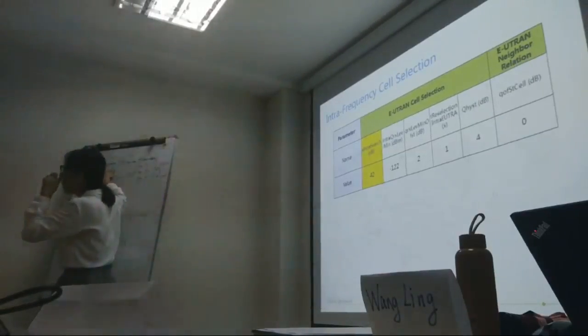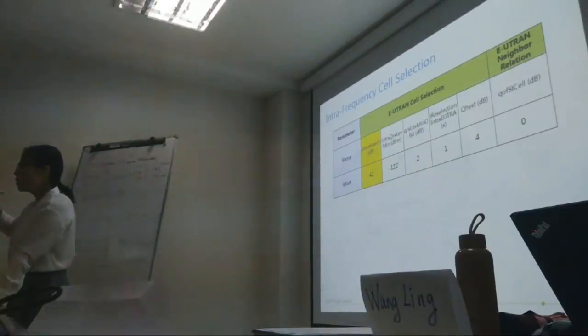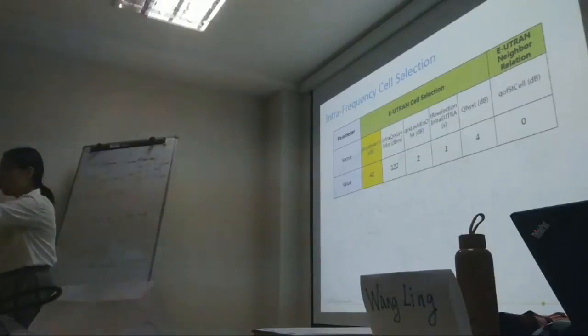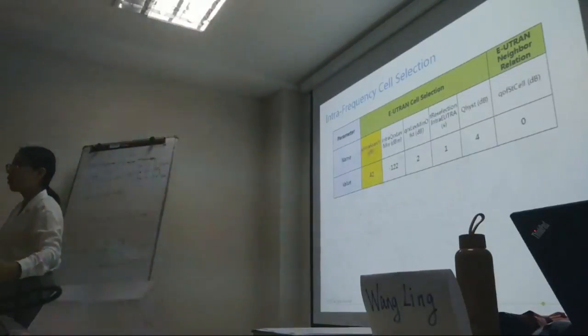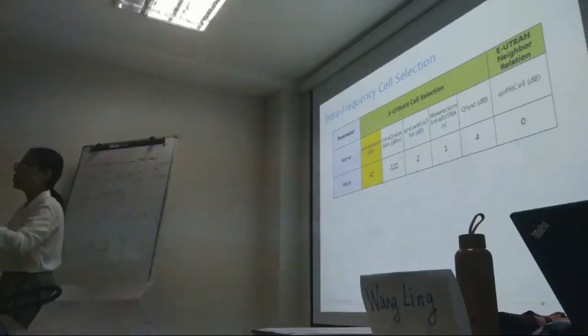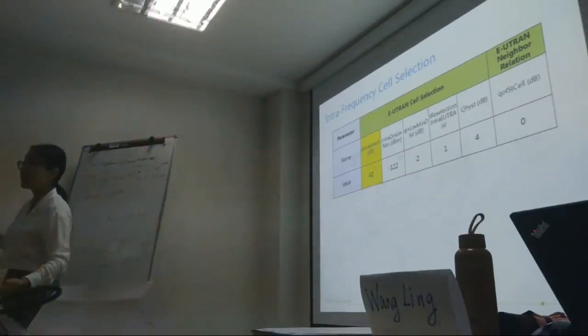For the high priority, I don't need to control the measurement. I always want to go to the high priority, so I will always perform the measurement. But for low priority, I don't want to go to the low priority, so I need to control the measurement. For the same priority, it's okay, you can control or not control.